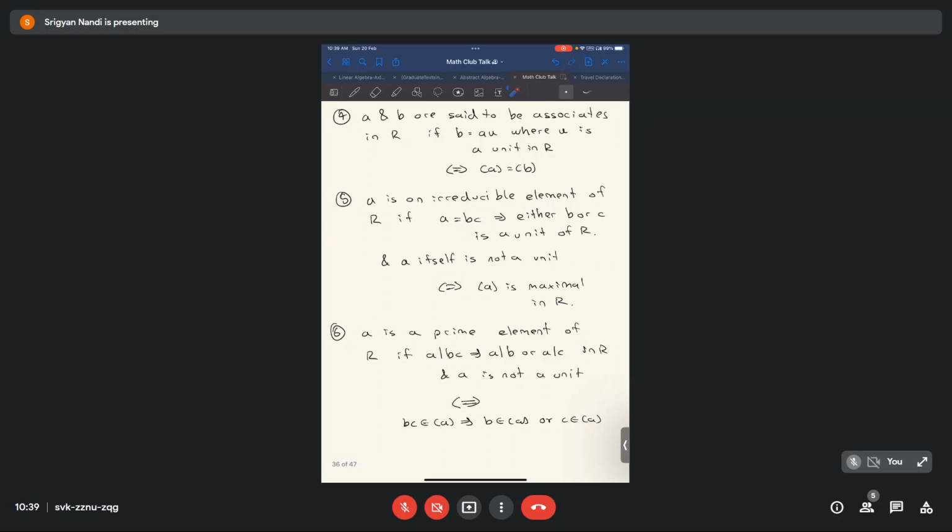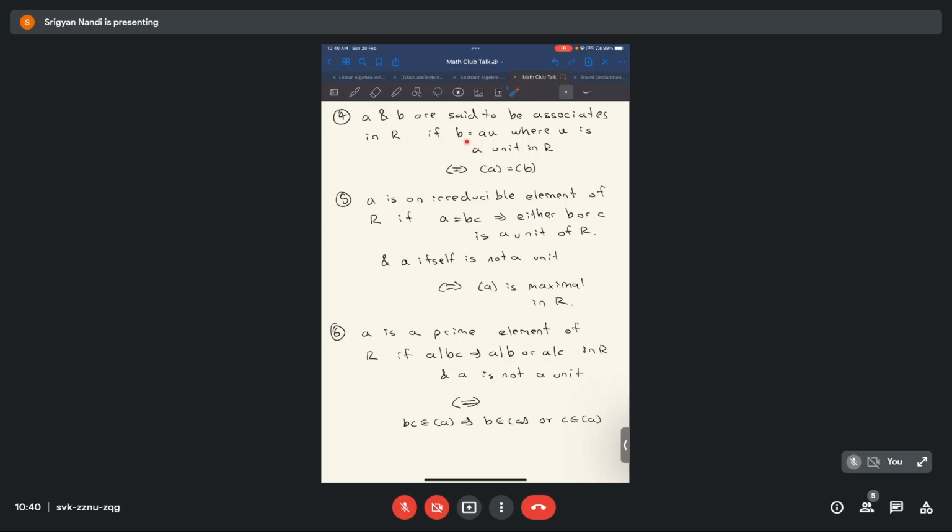Then we move on to another important definition, that of A and B being associates. In an integral domain, A and B are said to be associates if B is basically A times some unit. Again, we use the intuition that a unit is practically indistinguishable from one in its properties.